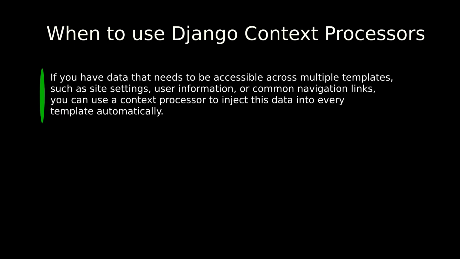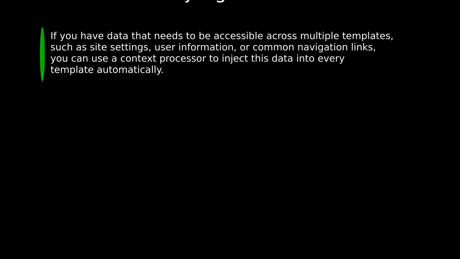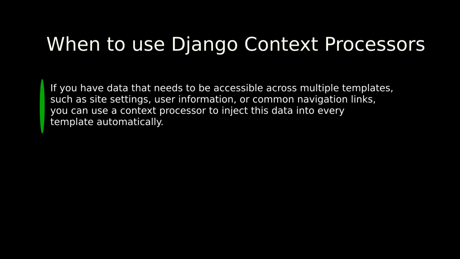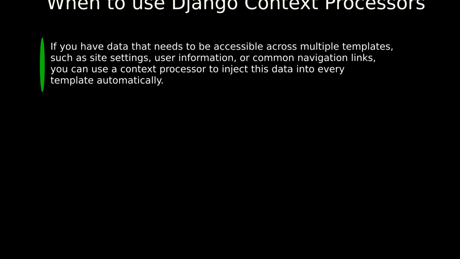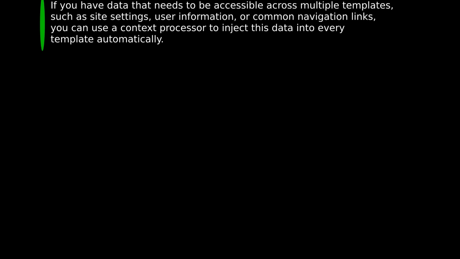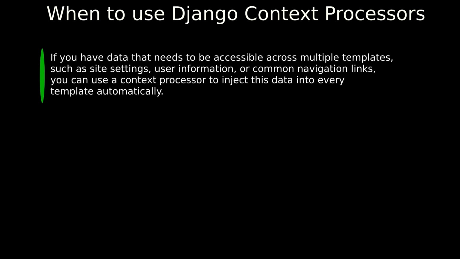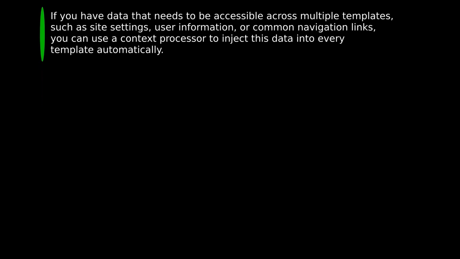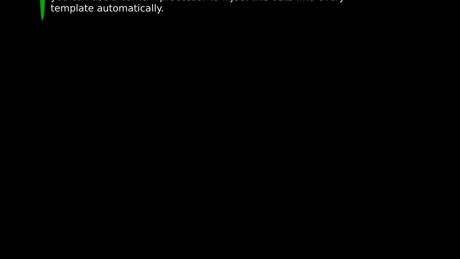Now let us understand when to use context processors. Context processors are useful when you have information that needs to be available on every page of your website. For example, a user cart on an e-commerce site. That is information that you need to display on every page of your website. Site-wide navigation or site logo, user details such as username or avatar, information that is needed to render the site's footer, and so on.